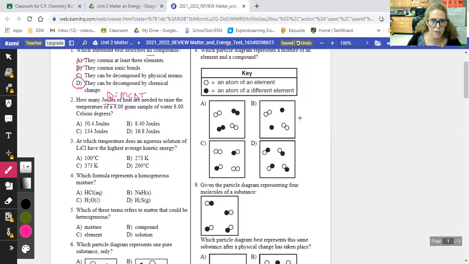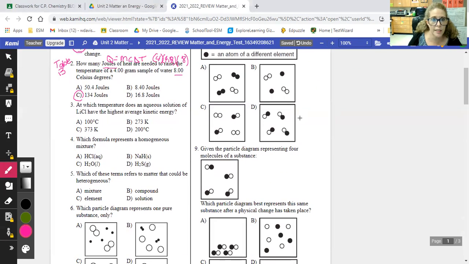We want to raise the temperature of a 4-gram sample of water, so I need to go to reference table B to get the specific heat capacity of water, which is 4.18, and an 8 degrees Celsius temperature change. Multiplying those numbers across, I get 134 joules. So you need to go to table T to get the formula and table B to get the C value of specific heat capacity of water.